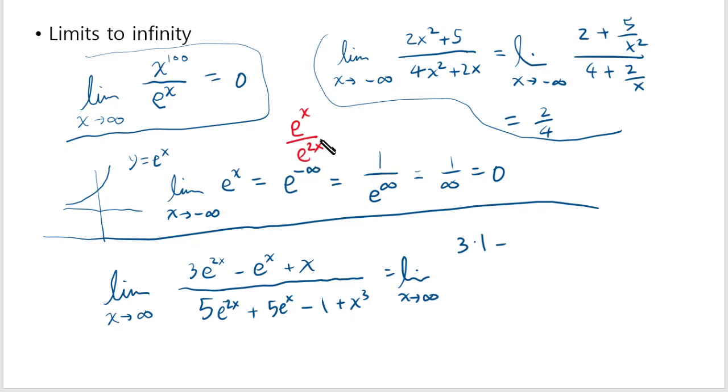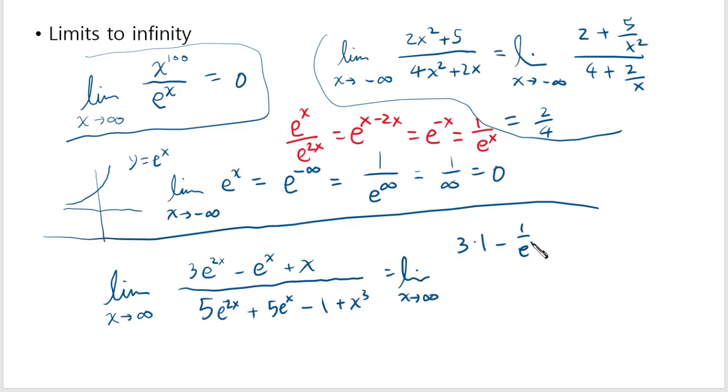You know the rule that when you divide, the exponents subtract. So this is e to the x minus 2x, which is e to the negative x. But just like before, e to the negative x is the same as 1 over e to the x.